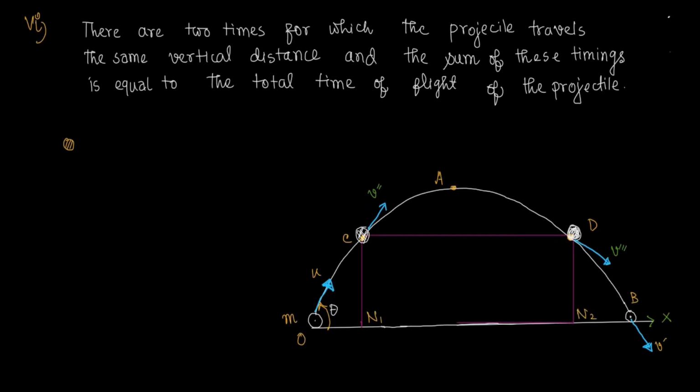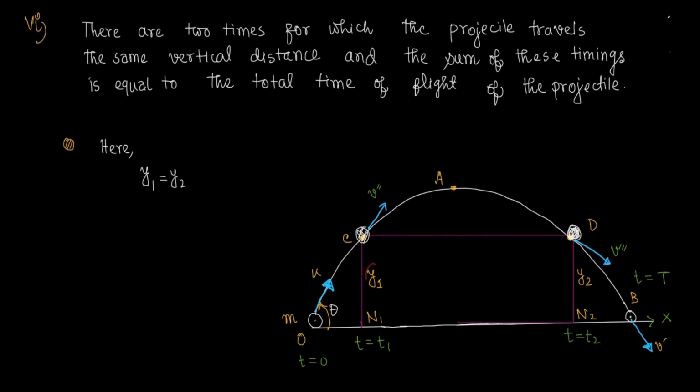We draw two normals Cn1 and Dn2 on the ground. At n1, time t is equal to small t1, at n2, t is equal to small t2, and at the point B, t is equal to capital T. At C and D the instantaneous heights are y1 and y2.